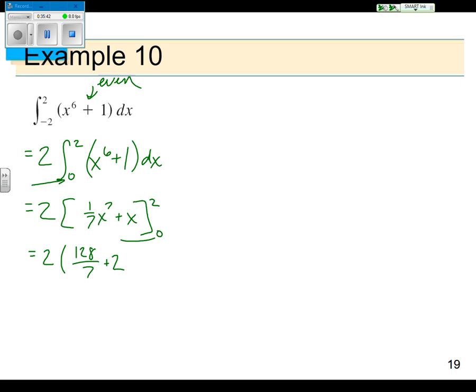If I plug in 0, it's going to give me 0 and 0. So I'm actually subtracting off 0. I'm going to leave that off, though. And then I put all of this in. I got 284 over 7. That would be the area. And that one's not that much of a shortcut. I'm telling you, I could have gone from -2 to 2, got the same answer. I just would have had to unfortunately plug in -2 down here instead of 0. And so just a little bit more work right there just to keep straight.